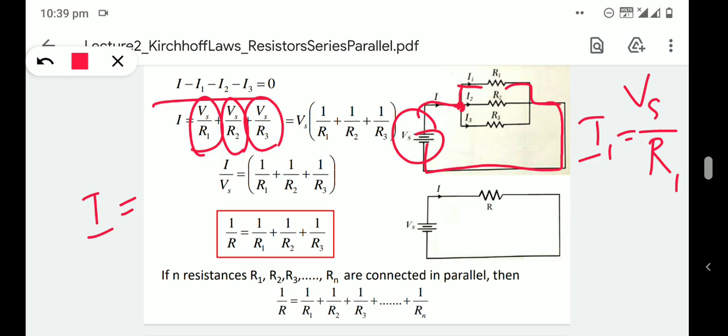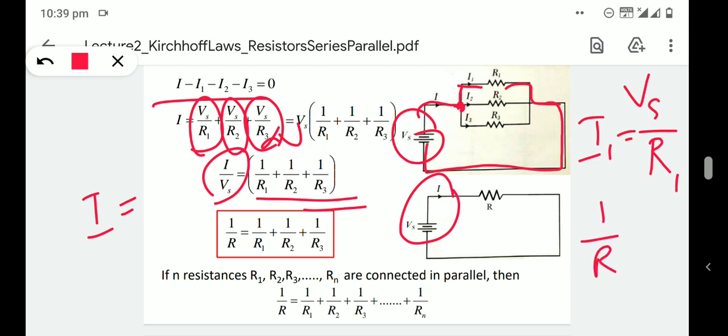Then Vs is common, so we take Vs out. Taking Vs to this side, we get I divided by Vs is equal to 1 by R1 plus 1 by R2 plus 1 by R3. I divided by Vs is nothing but 1 divided by R. We know that Vs by I is equal to R in this circuit.